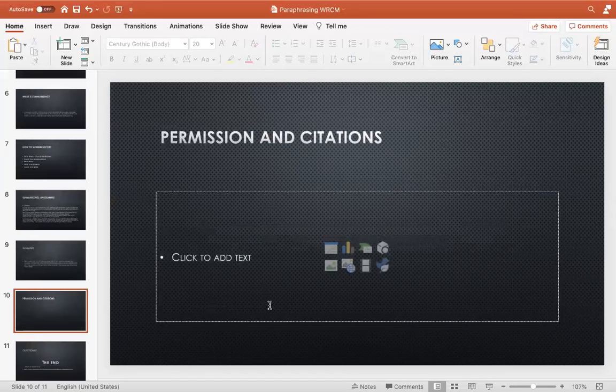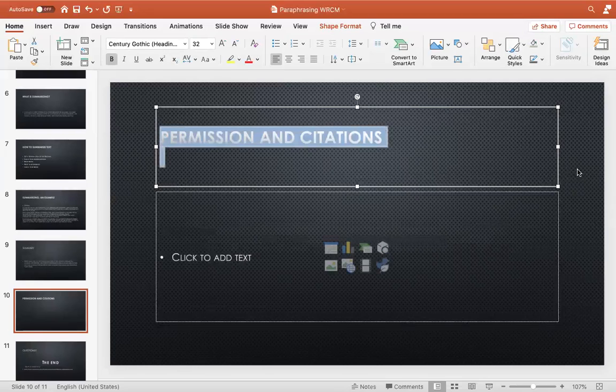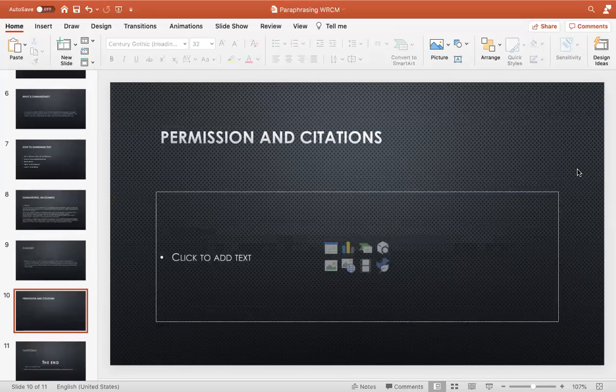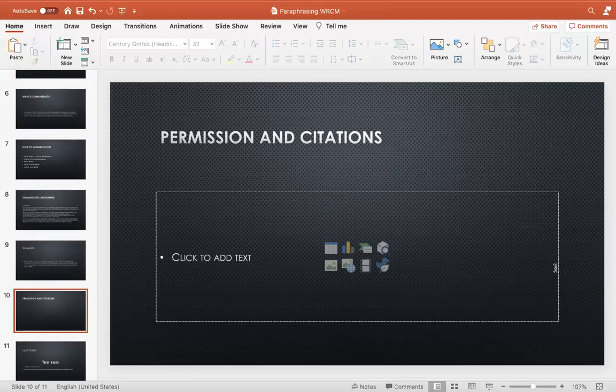Okay, last thing about paraphrasing and summarizing together. It is called permission and citations. Okay, so when you paraphrase a text, remember you are using in your paraphrase the ideas which have been written by somebody else in that original text.